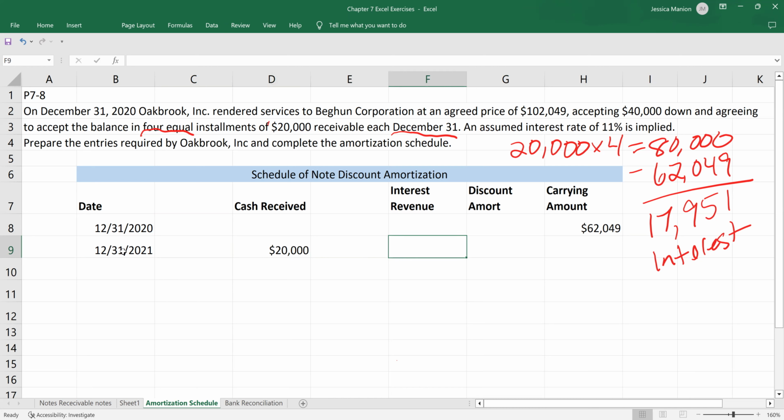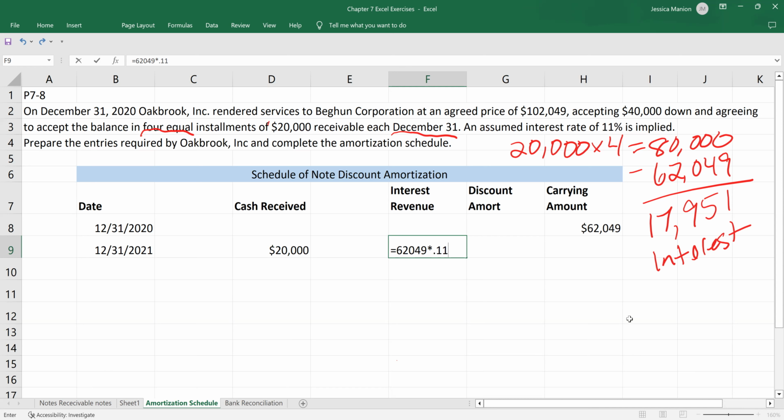Of that 20,000, the interest revenue, and we're using the 11% for this, is going to be equal to the 62,049, our carrying value, times 0.11.